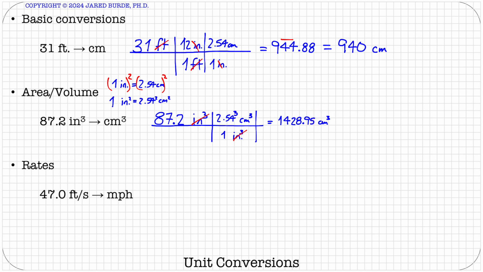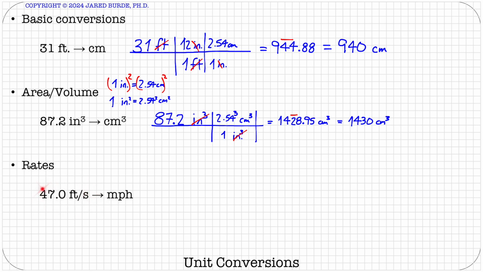We have many more decimal places here, but we see that we start out with 3 significant figures, so we want to go several past that original 3 significant figures so that we can make sure we're not rounding prematurely. But here we are at the end. We have our 3 significant figures, so we're going to round to significant figures here as well. And we would end up here with 1,430 cubic centimeters.